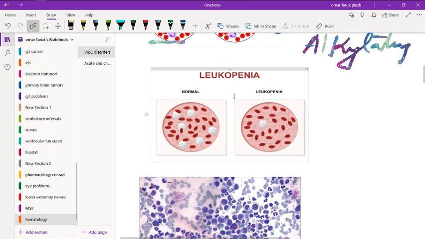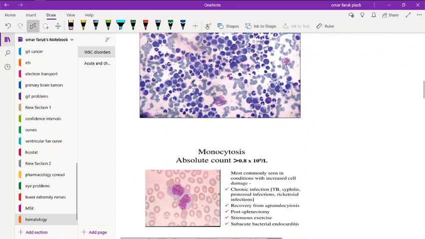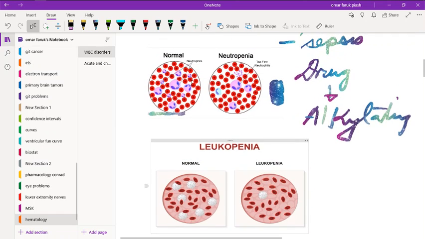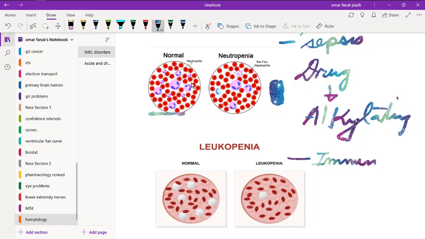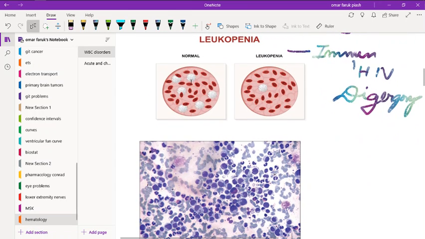Okay, this is leukopenia or lymphopenia. In lymphopenia, there are some causes like an immunocompromised person, like HIV and DiGeorge syndrome, and there are some other causes like high cortisol state, whole body irradiation, and autoimmune destruction.